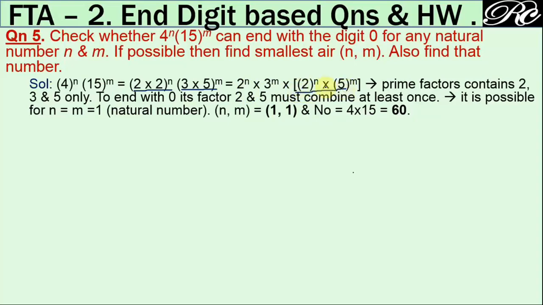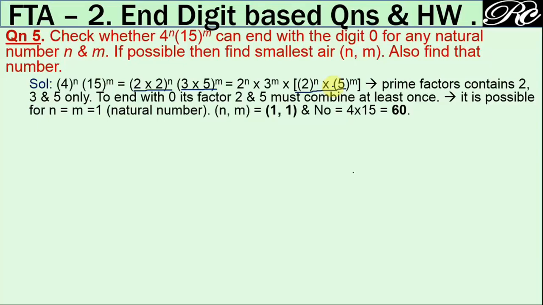Say this 2 and 5 can combine to produce 0, means to give 10, then the unit digit will be 0. If n is taken as 1 and m is also 1, that will be the smallest natural number for both m and n, and the result will give 10, means 5 into 2 becomes 10.